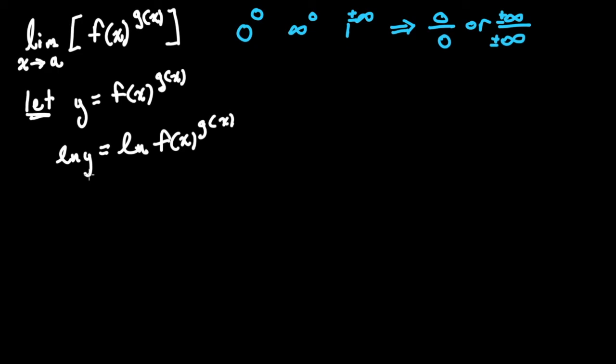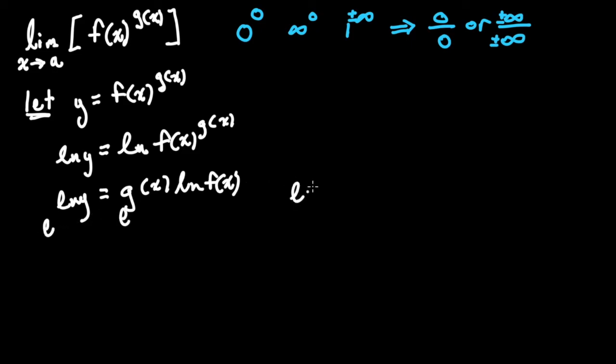And remember from our log rules that you can take the exponent of a log argument and move it to the front of that argument. So we can also write that g of x ln f of x is equal to ln of y. And so now we're going to raise both sides to the power of e. And the reason why we do this is because raising e to the ln of any constant or function is just going to return that constant or function, like so.